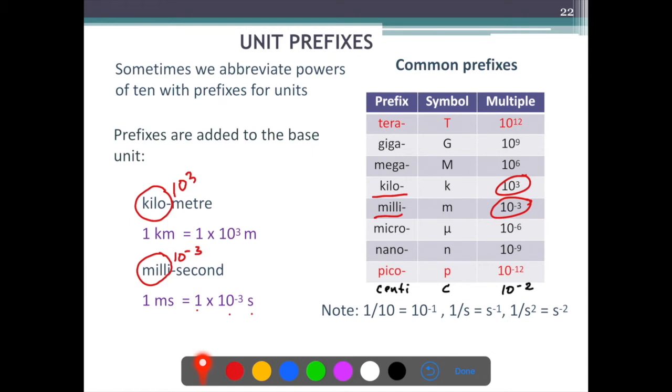Many times we will encounter units that are not in base units. For example, we encounter units of distance in kilometers, and we want to convert that to the base unit meter. Or we encounter a unit of time in hours, and we want to convert that to the base unit of second.